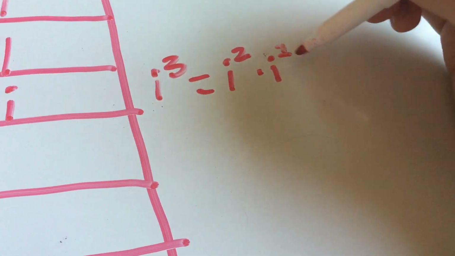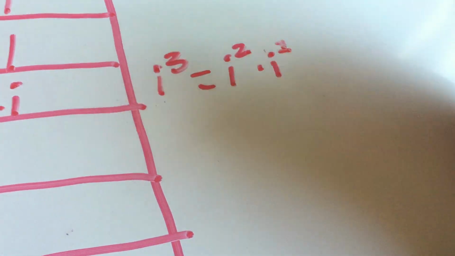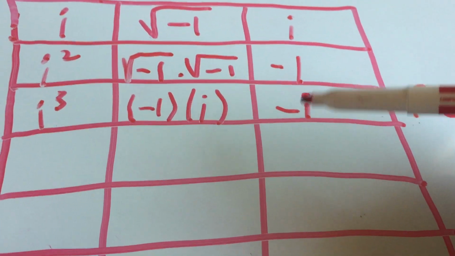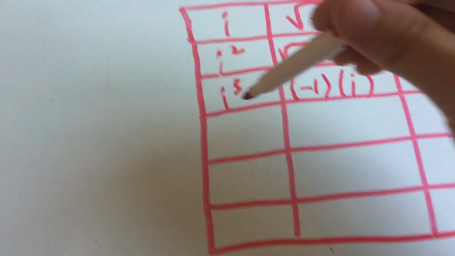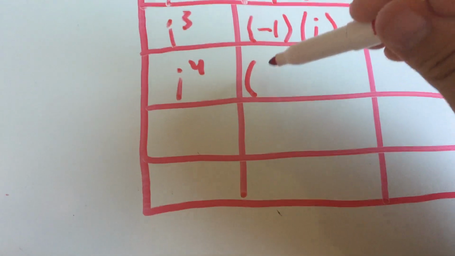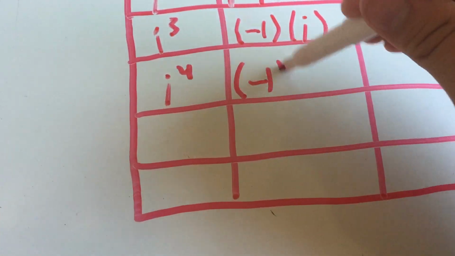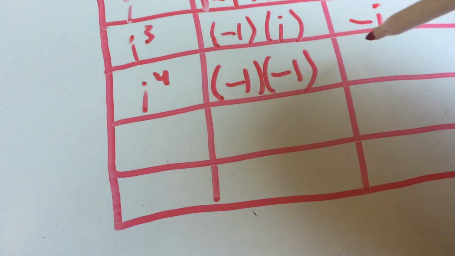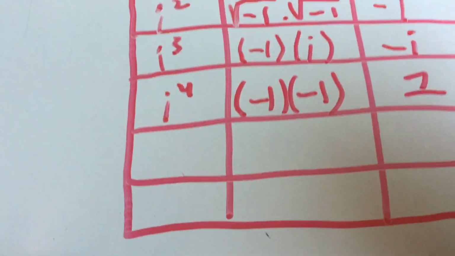When multiplying, you add the exponents: 2 and 1 add up to 3. That's the rule, negative i. For i to the power of 4, write it as negative 1 times negative 1, which gives you 1.